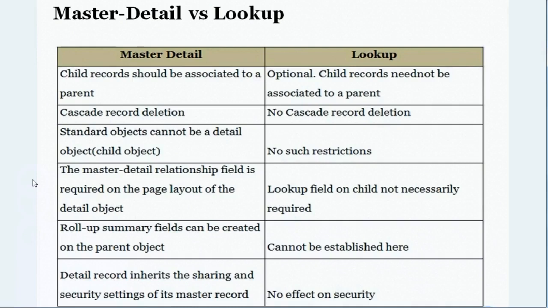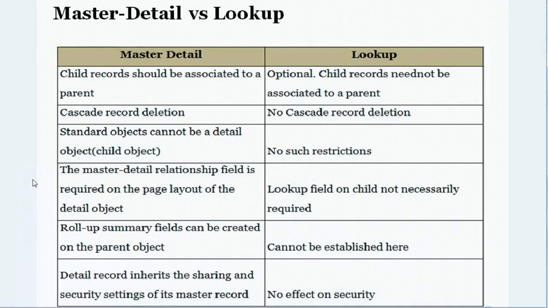And the other important difference between master detail and lookup is about the detail object, that is the child object. In master detail relationship, the child object cannot be a standard object. So for any standard object, you cannot create a master detail relationship. However, there are no such restrictions in lookup relationship. And the master detail relationship field is required on the page layout, whereas it is not required on the lookup.